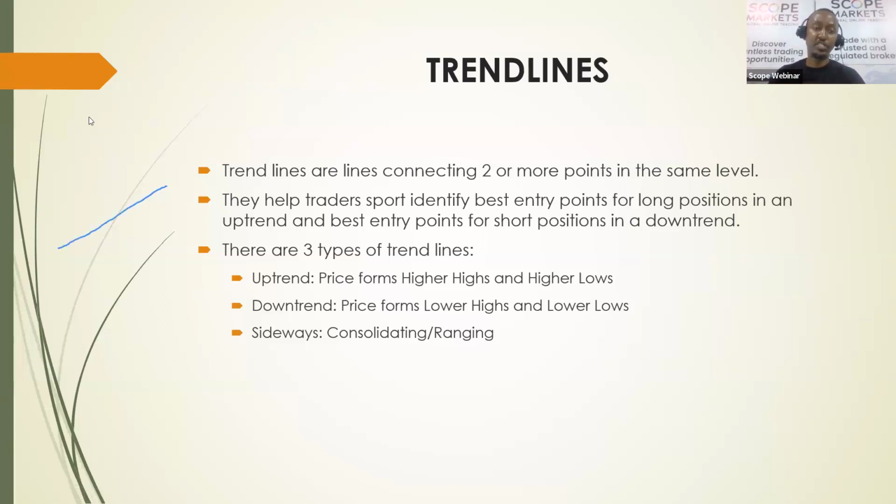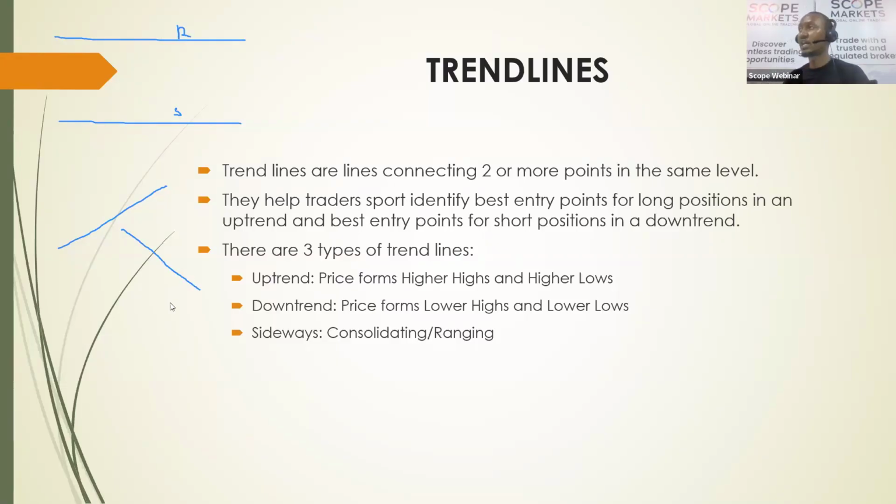But support and resistance are horizontal. So this is support. This is resistance. But now these are trend lines because these are diagonal. So that's what differentiates between support and resistance and the trend lines.